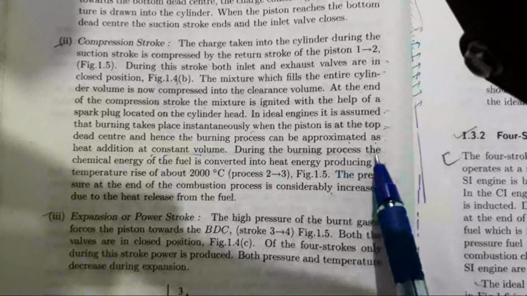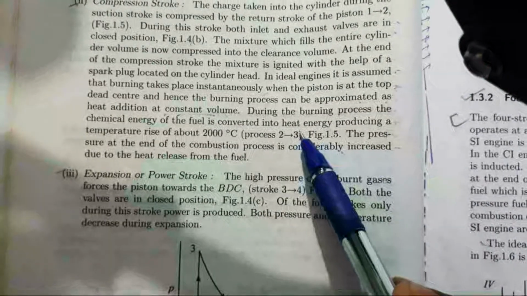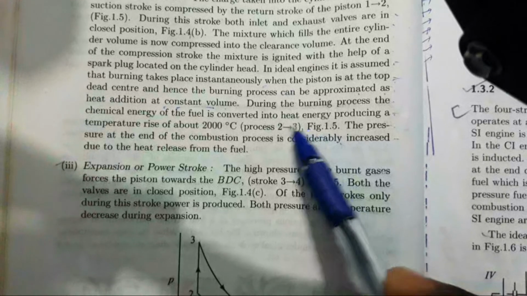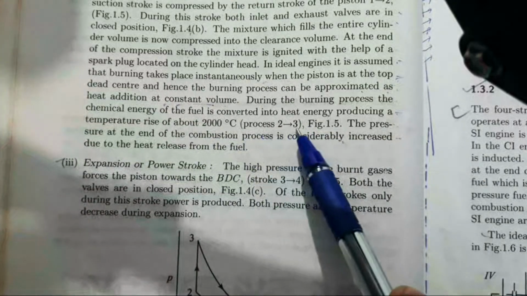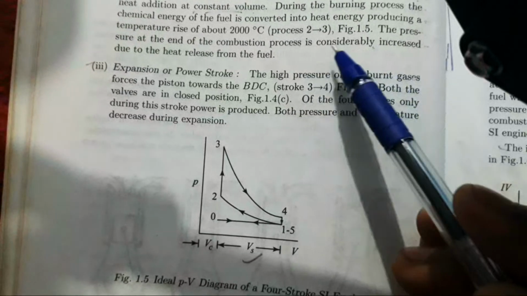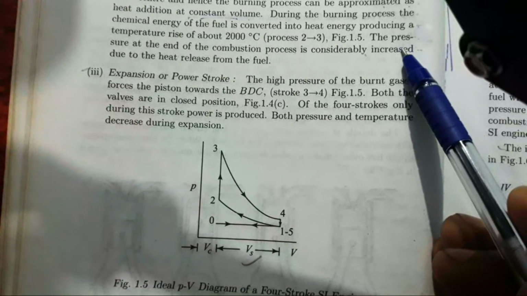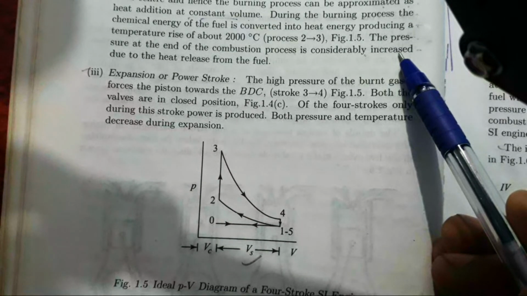During the burning process, the chemical energy of the fuel is converted into heat energy, producing a temperature rise up to 2000 degrees Celsius. Process 2 to 3, figure 1.5, the PV diagram. The pressure at the end of the combustion process is considerably increased due to the heat released from the fuel.